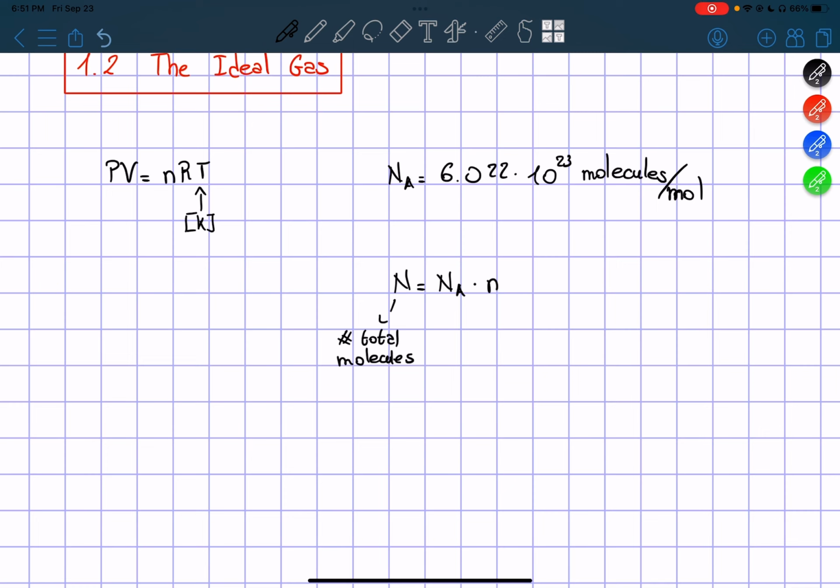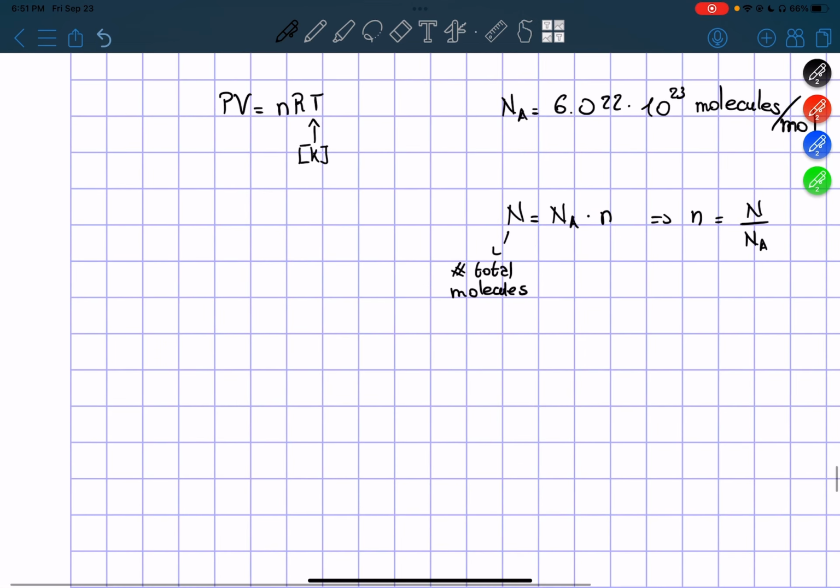Okay? All right. But then, if we know that n is equal to capital N over N_A, we can plug it into our formula and we get that PV equals N over N_A times R times T. However, one interesting thing is that R over N_A is a constant, because R is a constant and N_A is a constant.